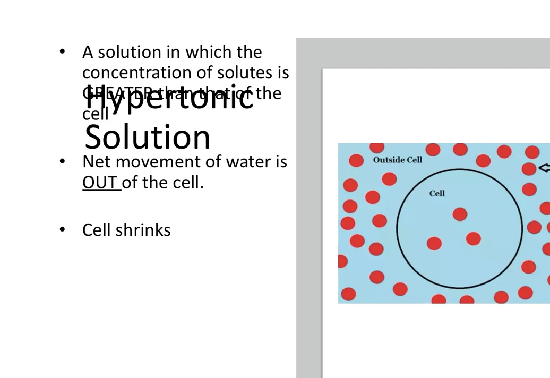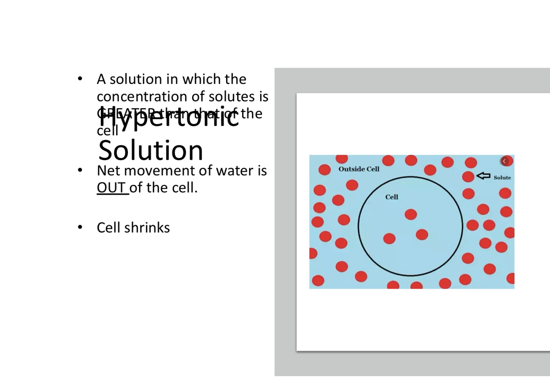So the first one is what we consider to be a hypertonic solution. This is a solution with a greater concentration than the cell, meaning that it has more solute outside the cell. As a result, because there's more water in the cell per given area, the water is going to end up moving out of the cell, okay?